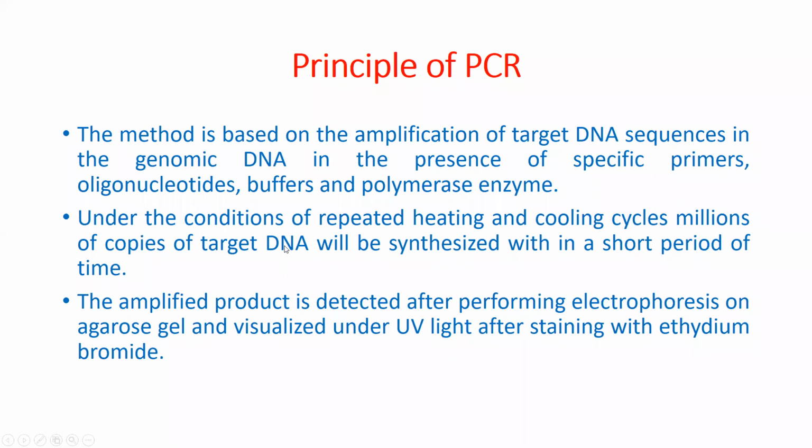There will be heating and cooling cycles. Denaturing will be there, then after denaturing annealing will be there, and after annealing extension will be there. So heating and cooling happen millions of times, and we keep getting millions of copies of our gene fragment. That amplified gene or amplicon we can detect on the agarose gel and visualize under UV light.